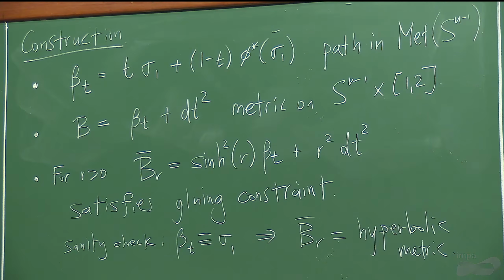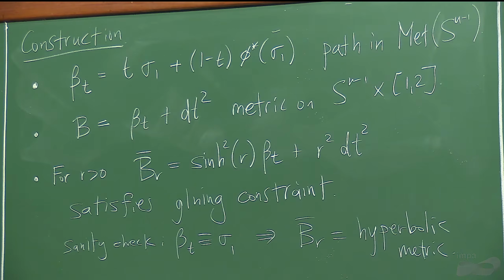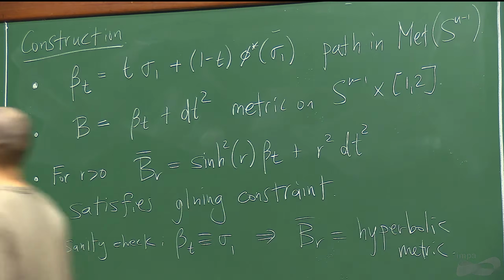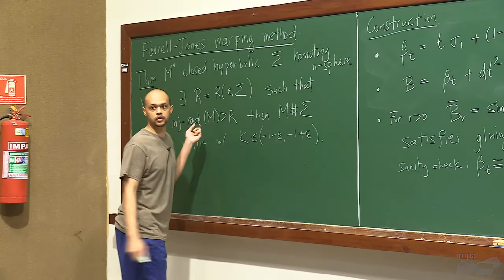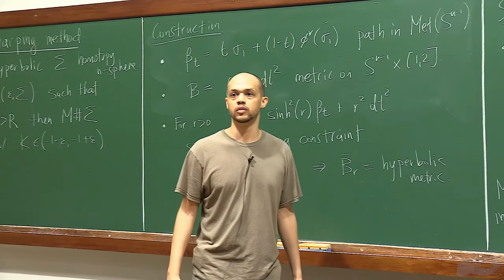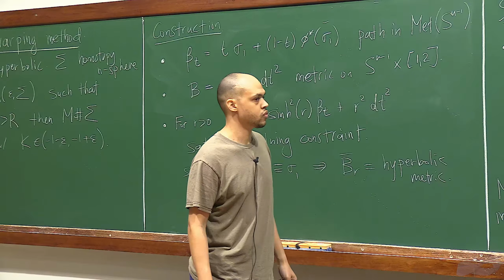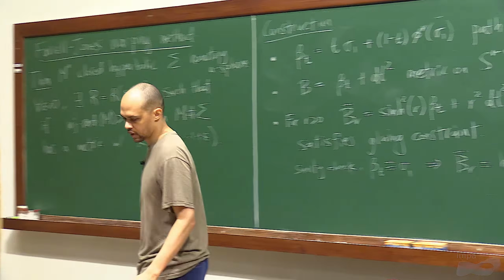Okay, any questions about the construction? Anything so far? Yes? So here, you don't really need the injectivity radius to be large everywhere, just at p. Yeah, ultimately we're just going to use one point with large injectivity radius. But you need a lot of symmetry around it. I mean, that's why you need it to be hyperbolic, for example, and not complex hyperbolic.